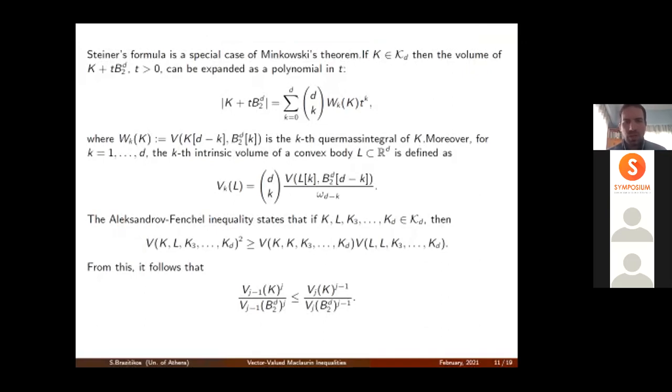So this says exactly that if you take the (j minus 1)-th intrinsic volume of K over the (j minus 1)-th intrinsic volume of the unit Euclidean ball, then this to the power j is something which increases with the index.